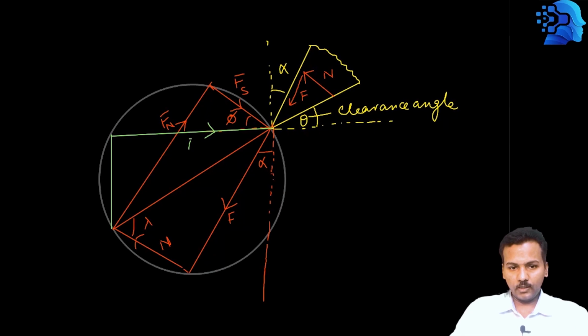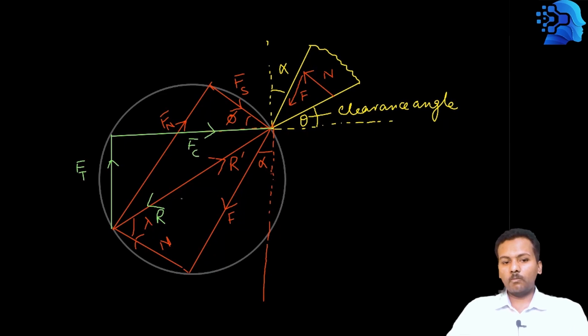We know that the resultant of F and N is R, and the resultant of Fs and Fn is R dash. Since both R and R dash are equal and opposite in direction and collinear, we have also assumed that Fc and Ft represent the same resultant force.